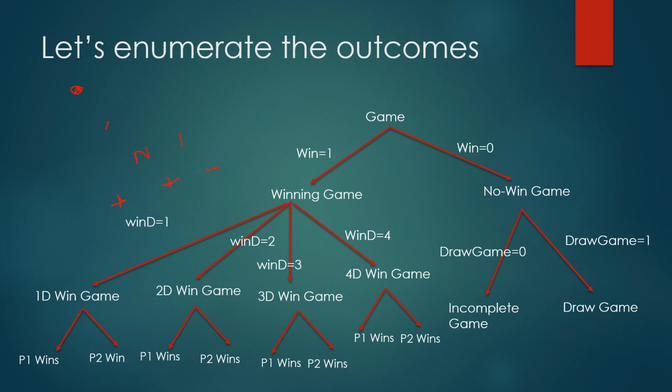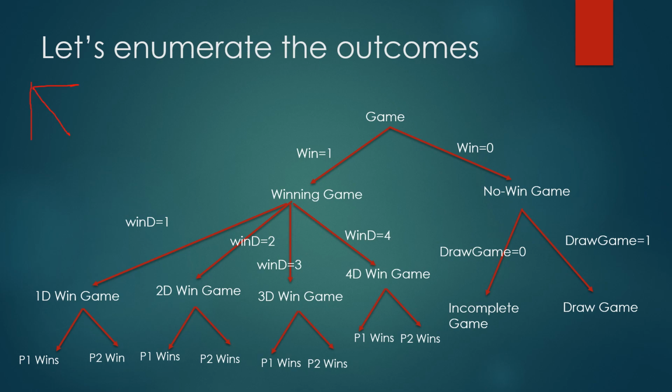Let's now look at 3D wins, and this is probably the most complex. The 4D win is much easier. So the 3D win case, like the 2D win case, happens when the winning player makes the last move, and in the last move of the win, he wins across three directions.